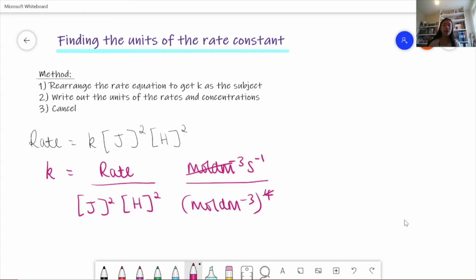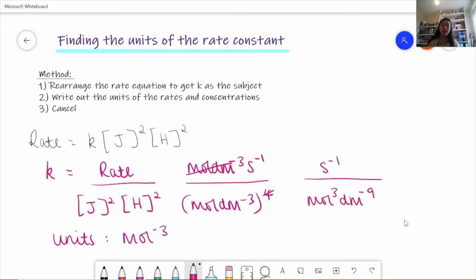So what we end up with is per second on the top, and then we have mole to the power of 3 decimeters to the minus 9. And so our units for this rate constant comes out to be moles to the power of minus 3, decimeters to the power of 9, and seconds to the power of minus 1.